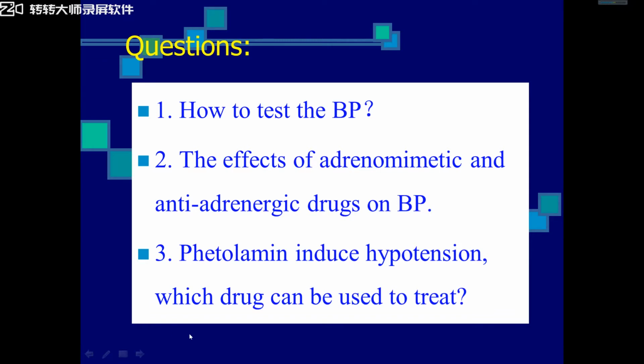Which drug can be used to treat hypotension? Adrenaline? No adrenaline. Okay, this is your homework, think over this question. Which drug can be used to treat hypotension? Adrenaline or noradrenaline? The answer is noradrenaline. Okay, class is over. See you next time.